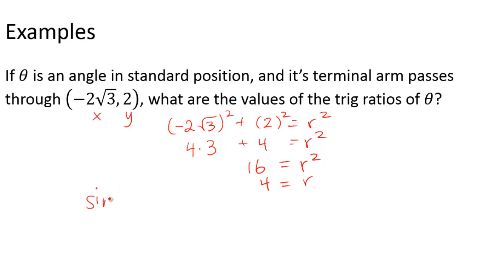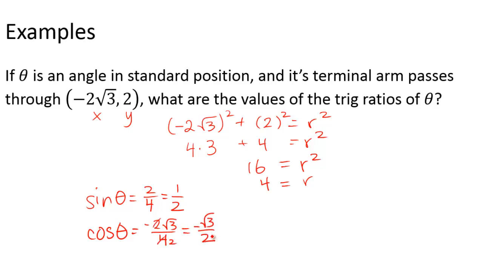We can say our ratio of sine will be y over r, which simplifies to 1/2. Your cosine will be your x over your r, negative 2 root 3 over 4, which simplifies to negative root 3 over 2.